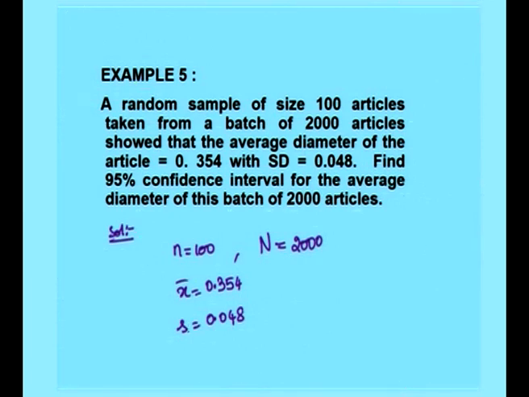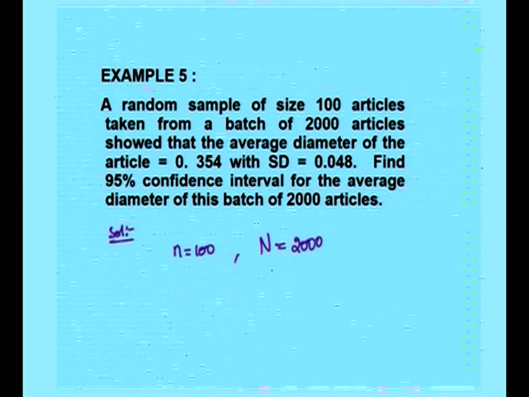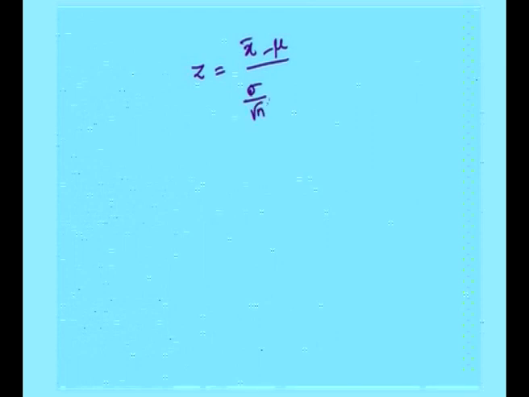Find the 95% confidence interval for the average diameter of 2000 articles. So, the formula goes like Z is equal to x bar minus mu divided by sigma by root n into root of capital N minus n by capital N minus 1. This is only a slight difference in the formula for a finite population.